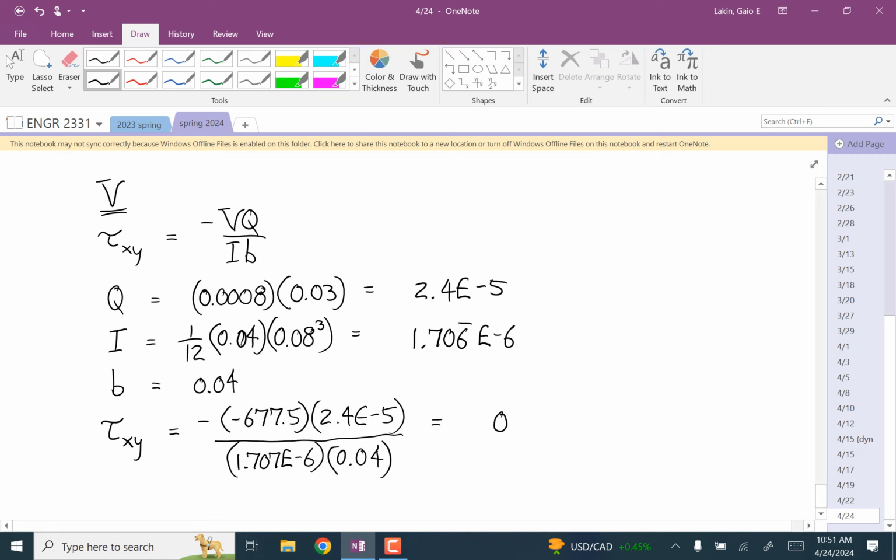And that is 0.24 times 10 to the 6 pascals.